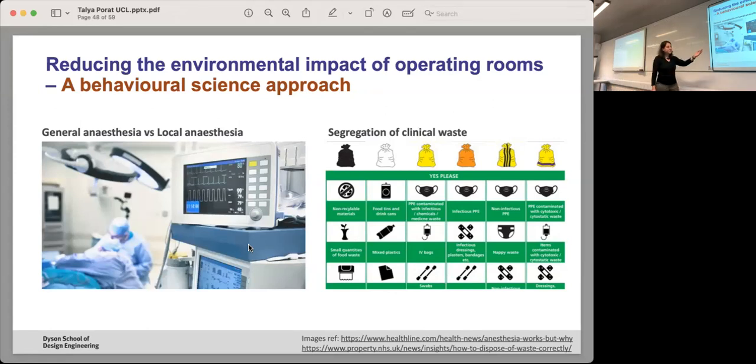Also, the WHO, for example, did research and they realized that 85% of the waste in hospitals is just regular general trash, which you can throw in the black bin. It doesn't have any infection or hazard in it.